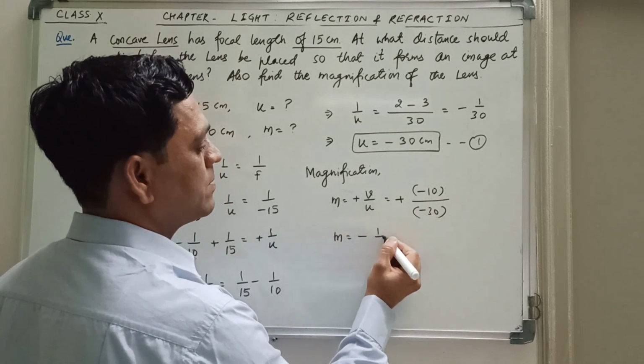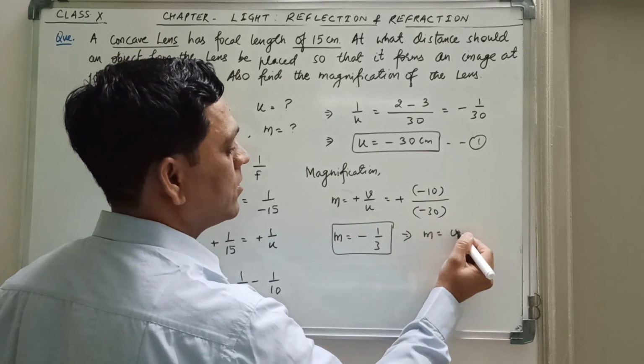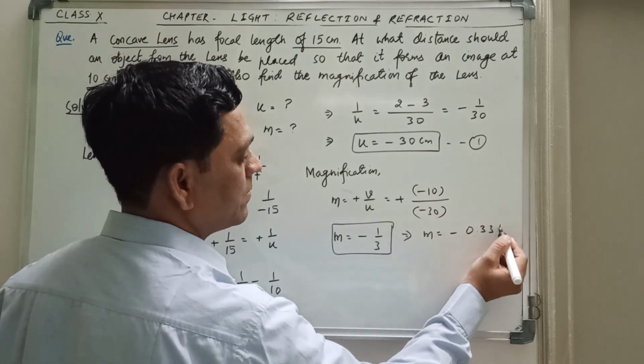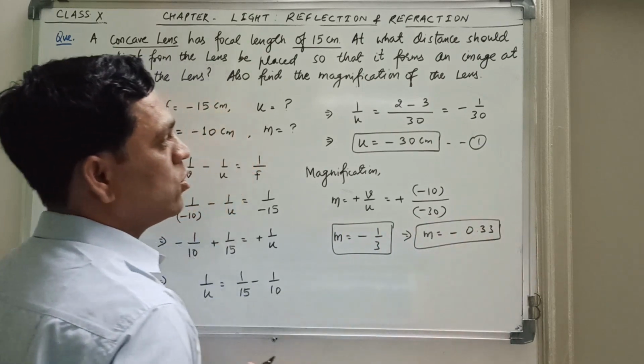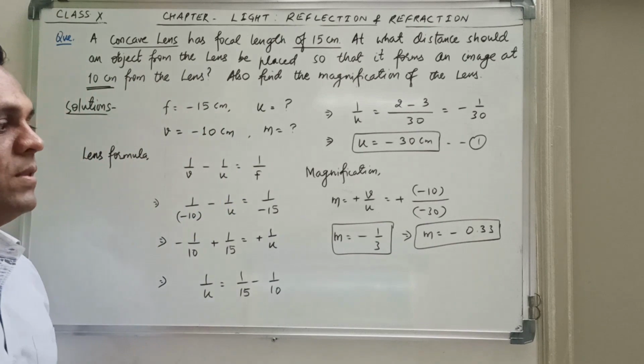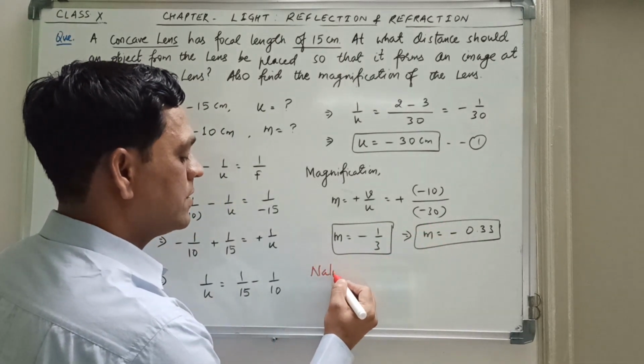So this becomes minus 1 upon 3. Or you can say minus 1 upon 3 is minus of 0.33 something. Correct? So though it's not asked in the examination, question, find nature and size of the image, but still you can tell me what is the nature of the image.